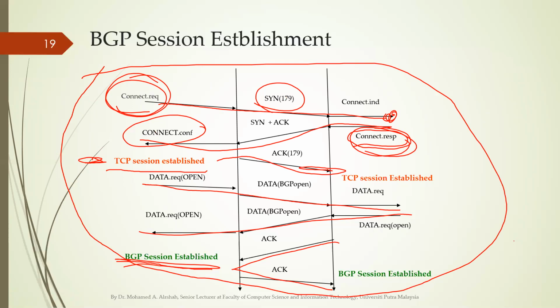So the first side sends the connection request, the other side replies by sending the connection response over the port 179. So the biggest thing you have to do is to remember these steps for your final, including all of this information. Maybe in the final exam, we may ask you to draw this establishment and so on.